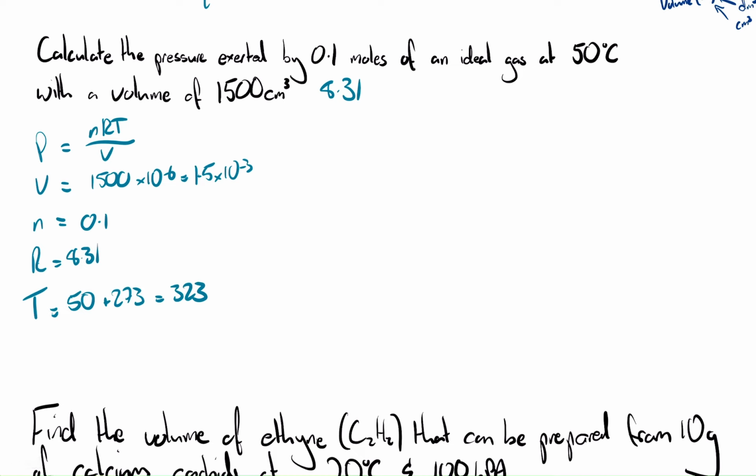So we have P equals 0.1 times 8.31 times 323 all over 1.5 times 10 to the minus 3. And there we get a value of 179,000 pascals to 3 significant figures.